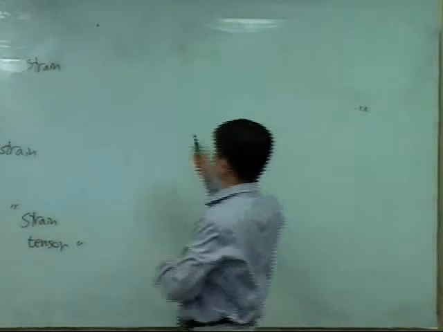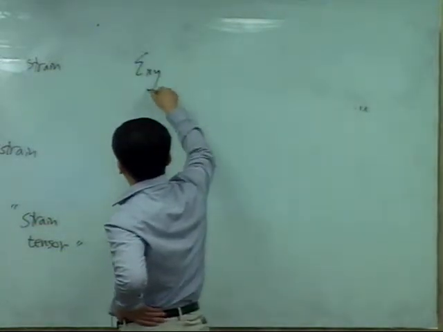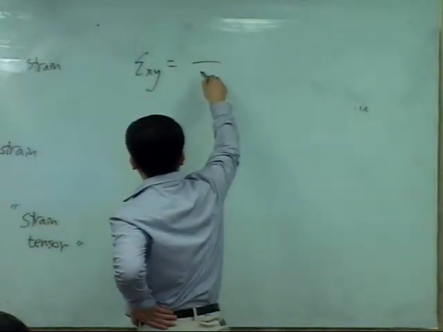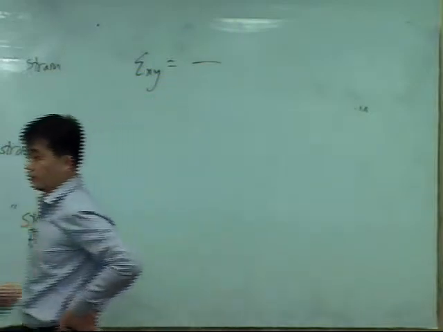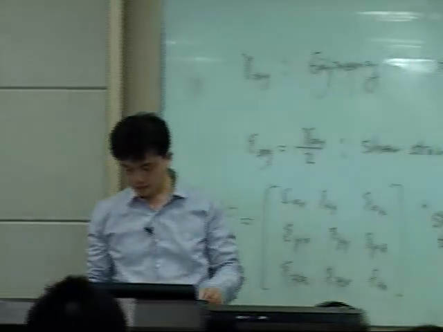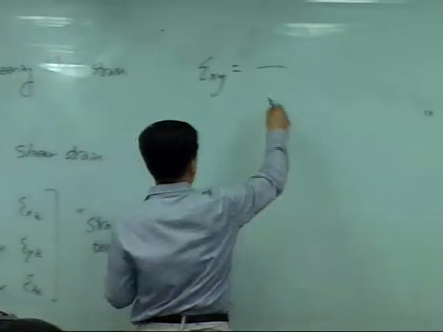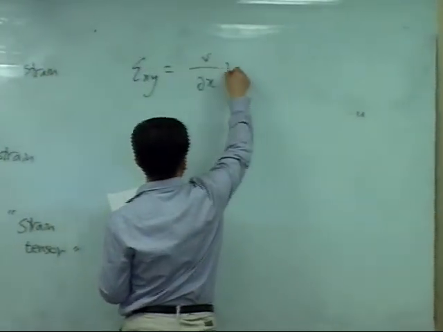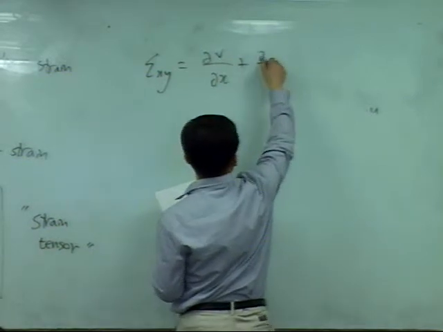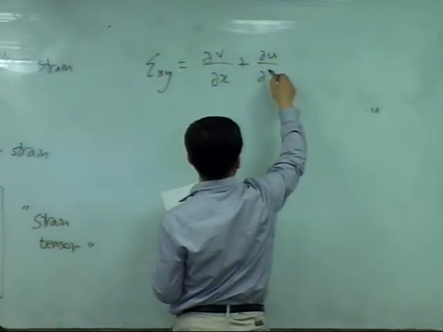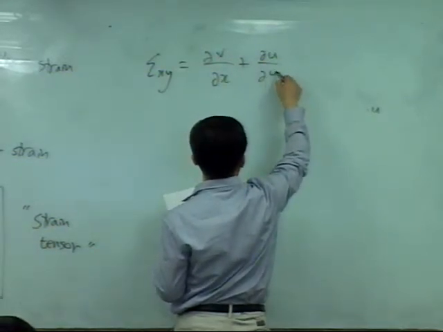And strain XY will be calculated as we already did: 1/2 of partial v partial x plus partial u partial y.